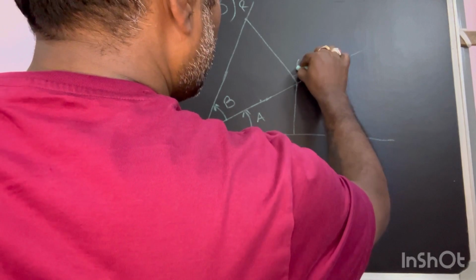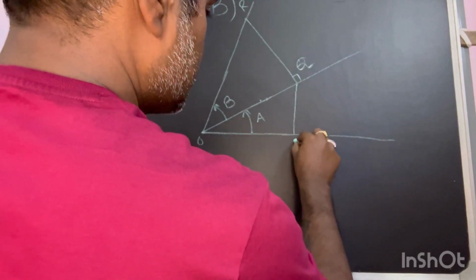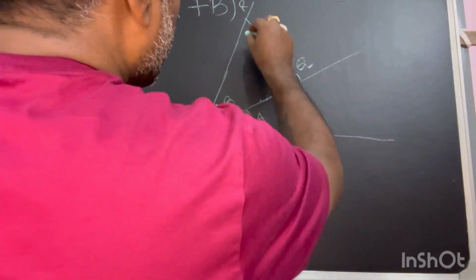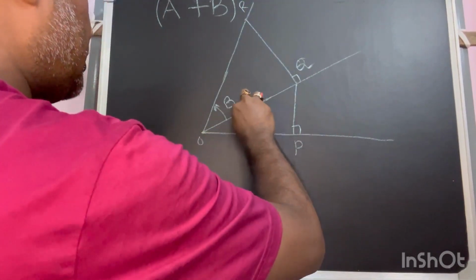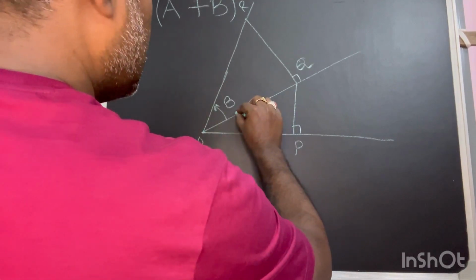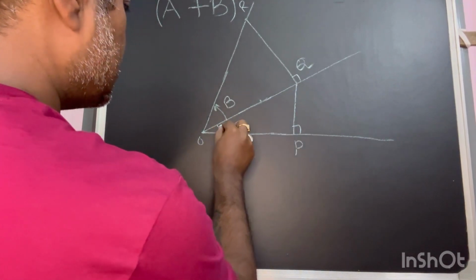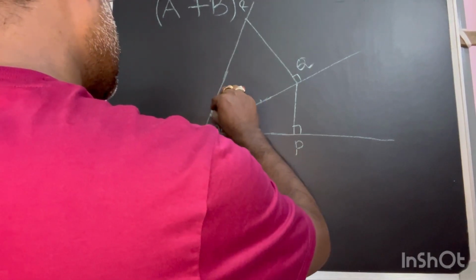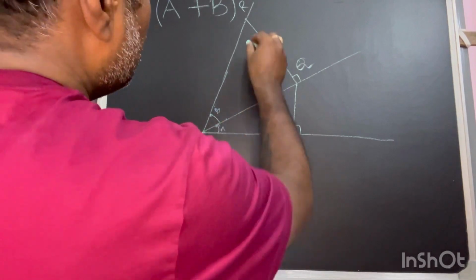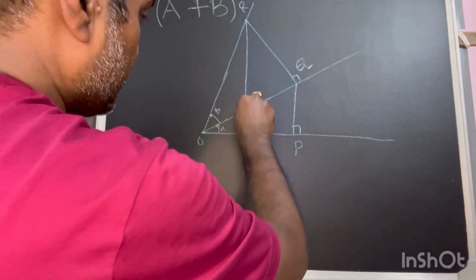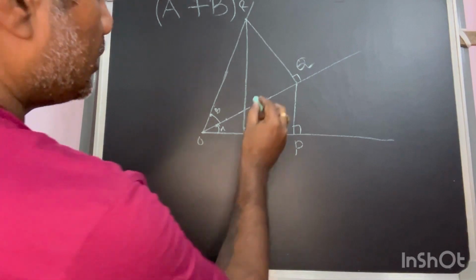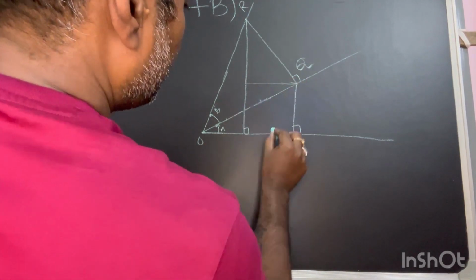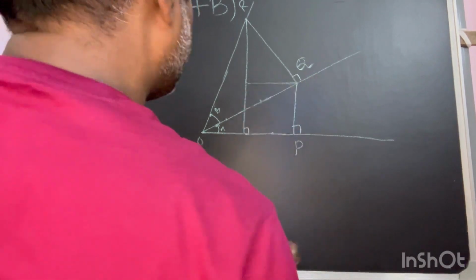This is Q, this is P, PQR. This is also 90 degrees. Just remember, this is A, this is B. Now I am dropping a perpendicular from here to here. This is another perpendicular, and I am drawing a parallel line with respect to this here.